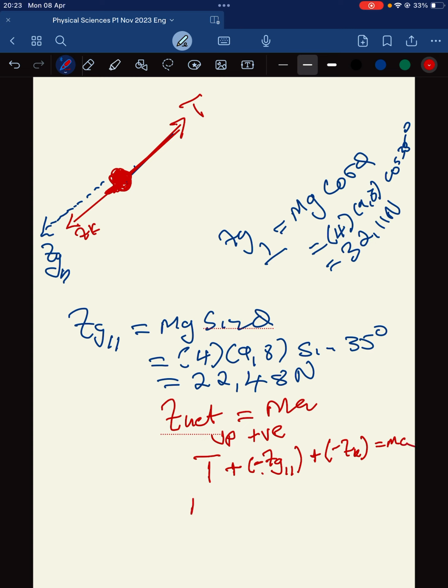Okay, tension minus FG parallel for this block is 22,48 minus kinetic friction for this block we were given is 5,88. This is equal to 4, which is the mass, multiplied by 2, which is the acceleration.